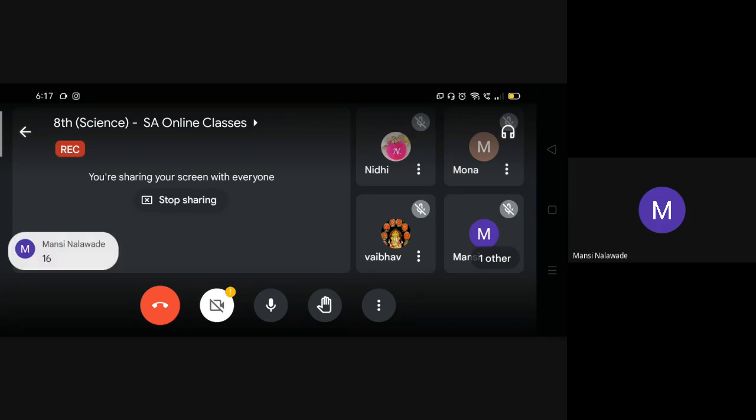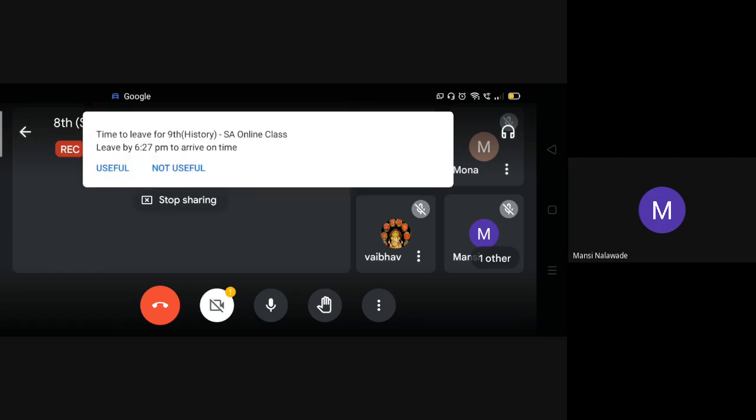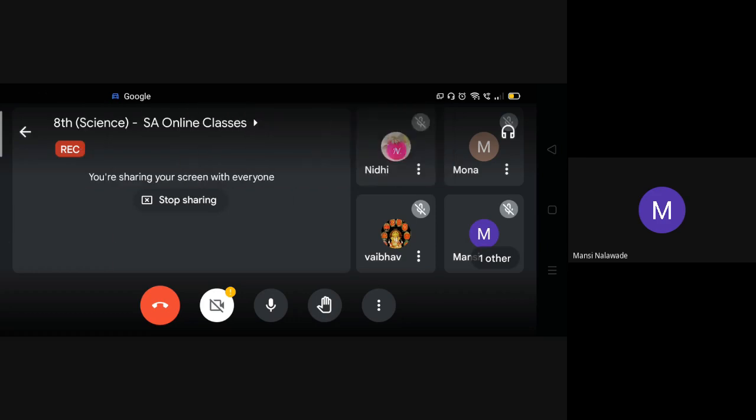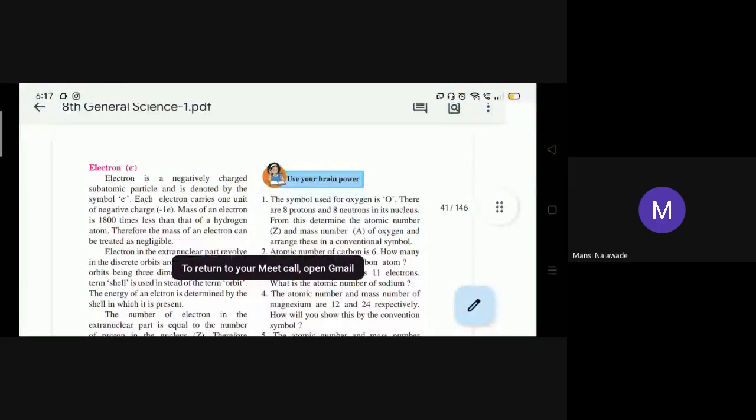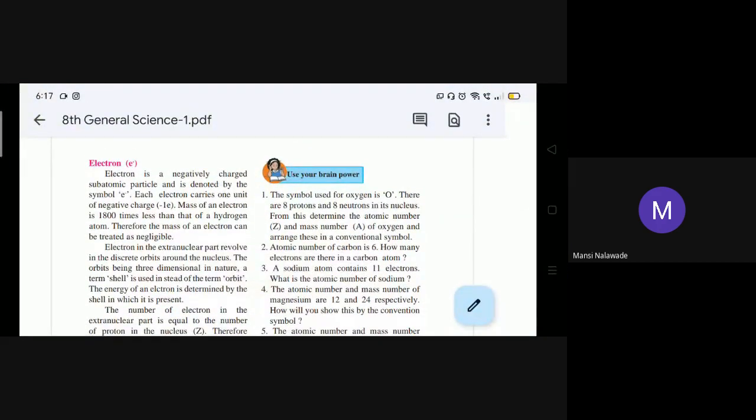The protons present inside any atom is its atomic number. Yes, its atomic number. So atomic number will be 8. And what will be the mass number?